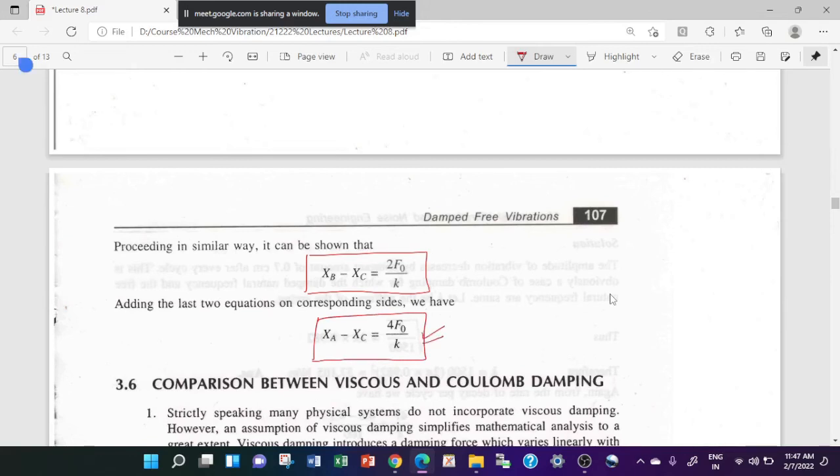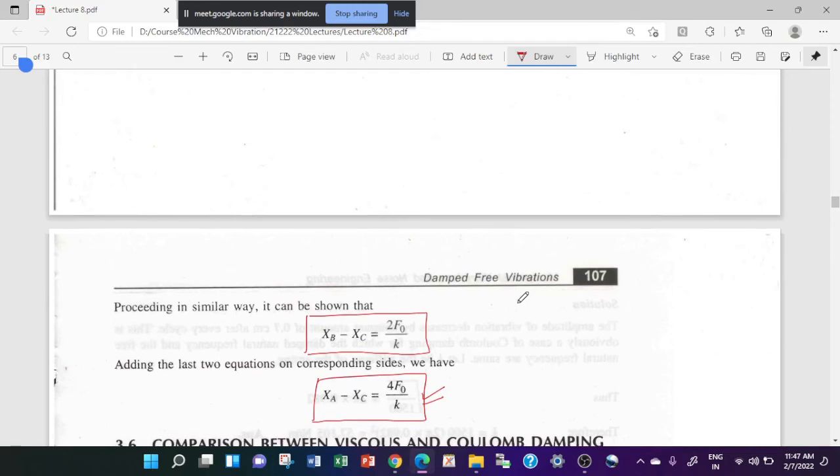So this is the formula to find the decay in the amplitude per cycle by Coulomb damping. You can see how easy it is to find the decay in the amplitude by the energy method, but this energy method is not giving you the frequency of vibration under Coulomb damping conditions.